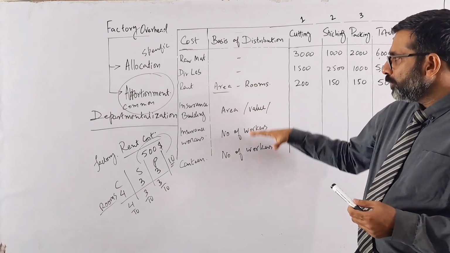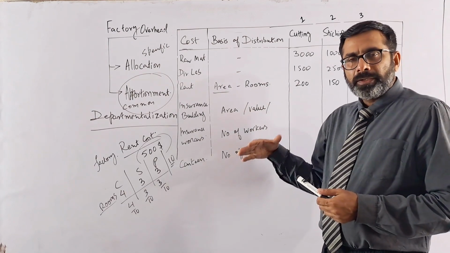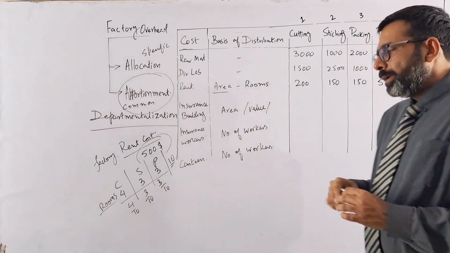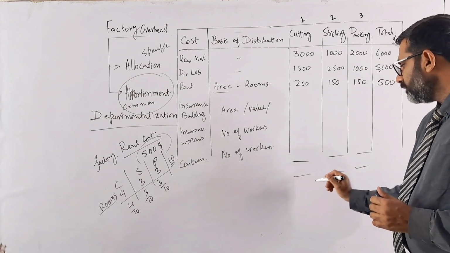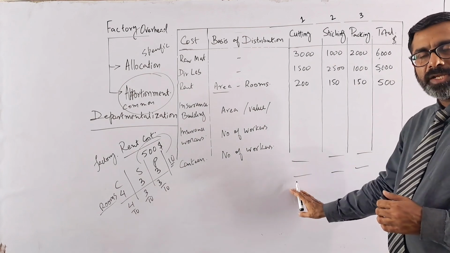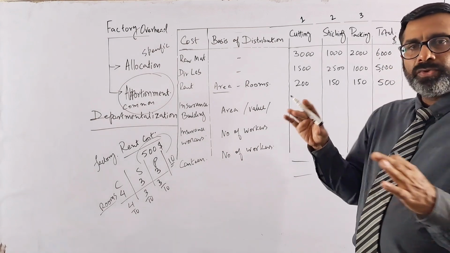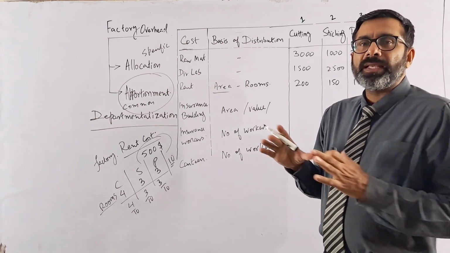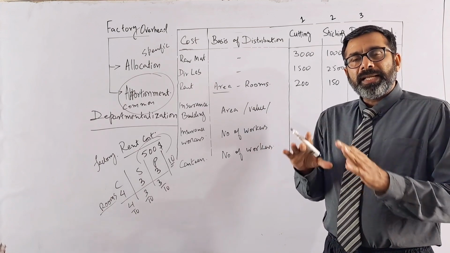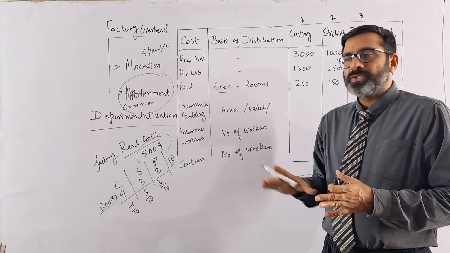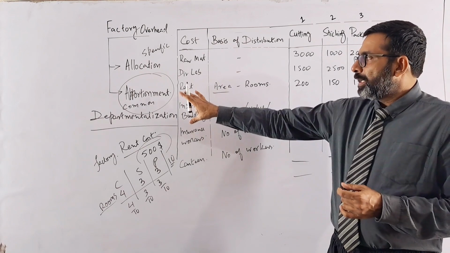So there are distributions of the different costs, and after adding all these costs, we have to see the total cost. Then we see how many units are produced, and then the per unit cost is calculated. This is the main purpose of apportionment.